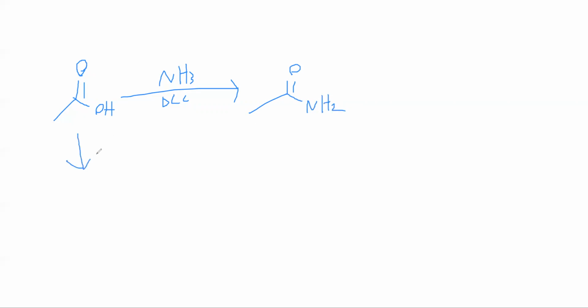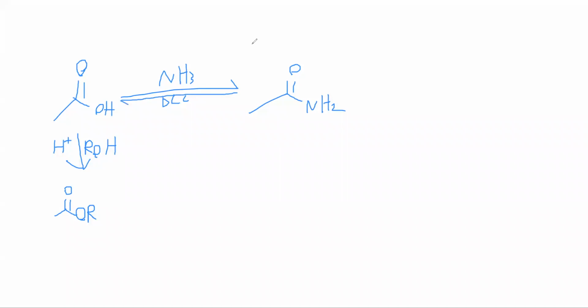You can also form an ester from a carboxylic acid with an alcohol and acid. That'll form an ester. And I didn't draw these as reversible, but I should have, because they are.